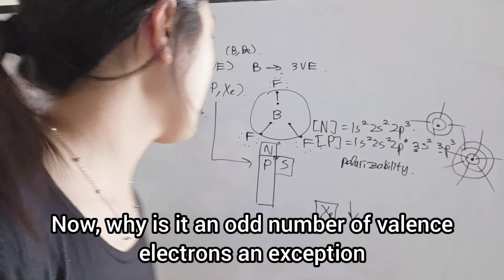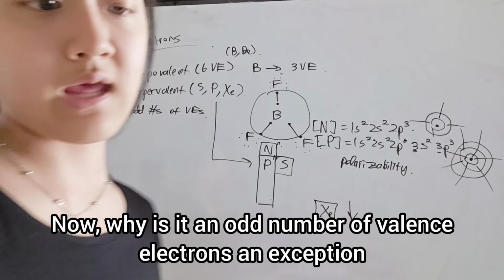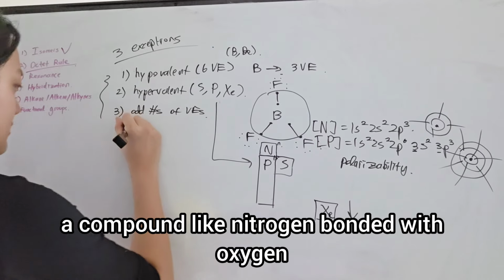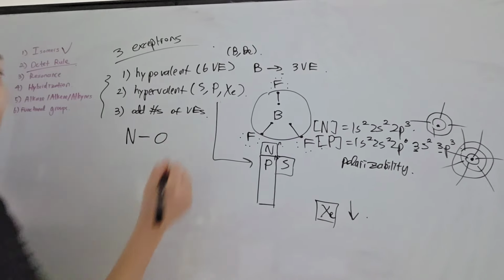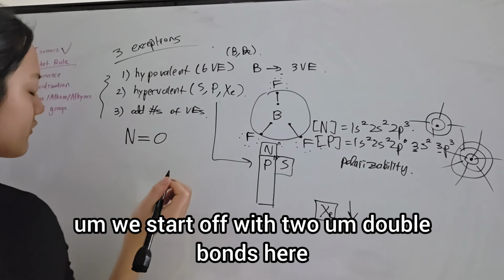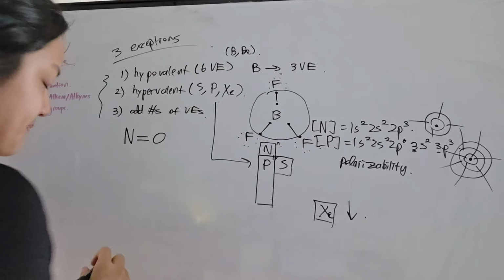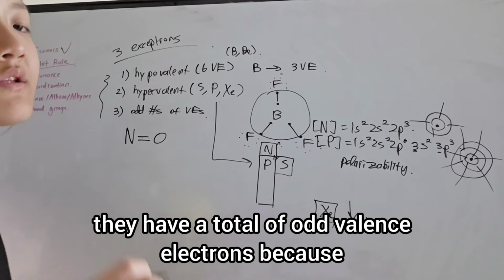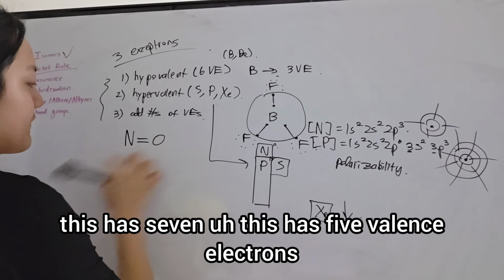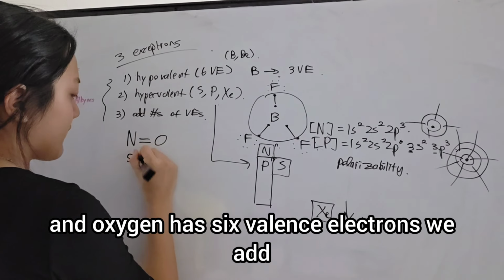Now, why is an odd number of valence electrons an exception? Let's take, for example, a compound like nitrogen bonded with oxygen. When nitrogen is bonded with oxygen, we start off with 2 double bonds here. They have a total of odd valence electrons, because nitrogen has 5 valence electrons, and oxygen has 6 valence electrons.